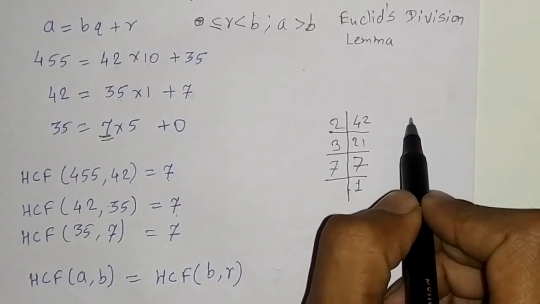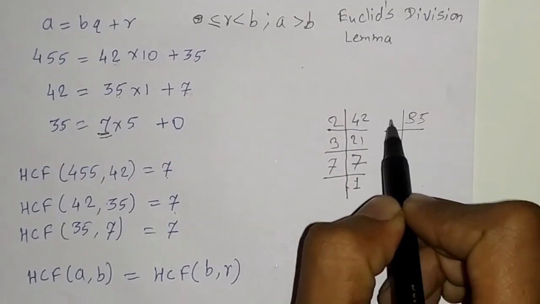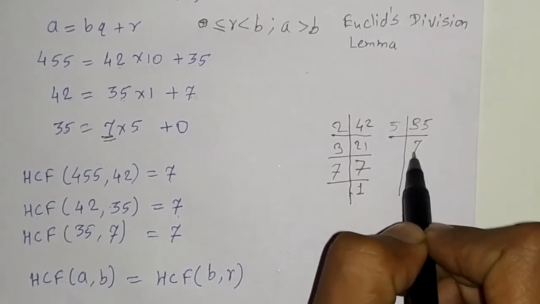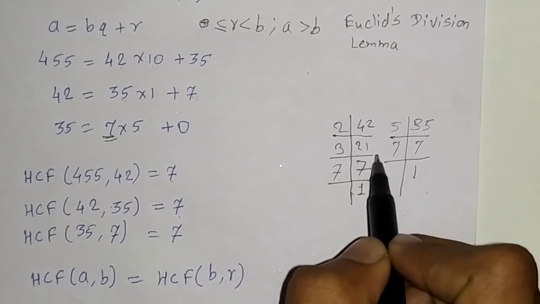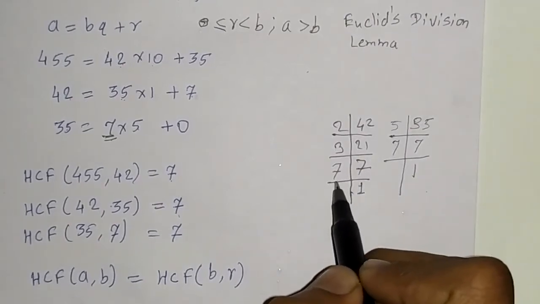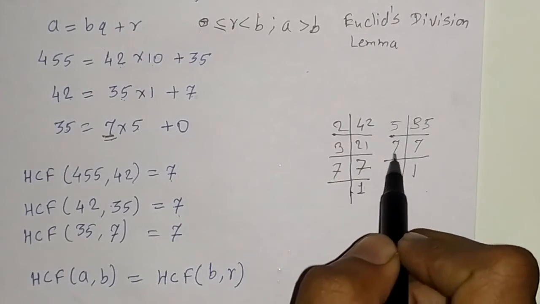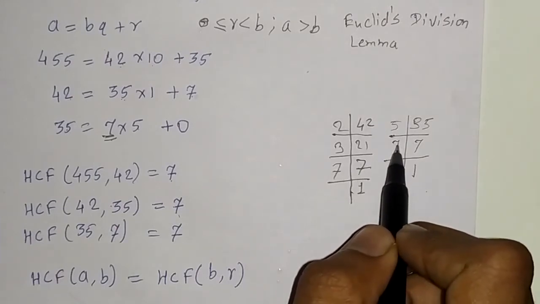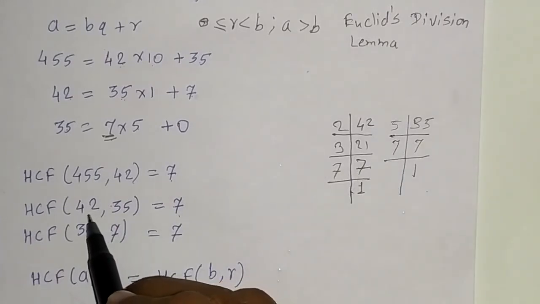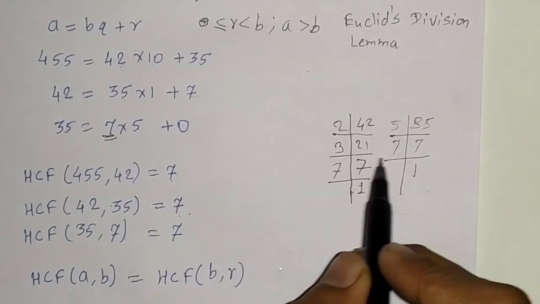Now factorize 35. So what is the common prime factor between these two factorizations? It is 7 and its least power is 7. So HCF of 42 and 35 is 7 by prime factorization method.